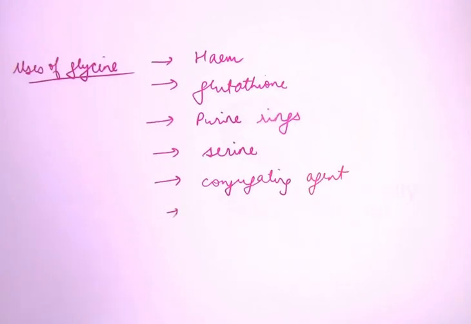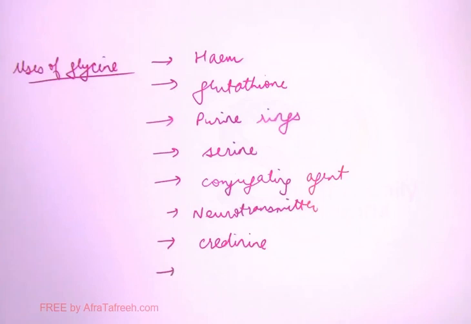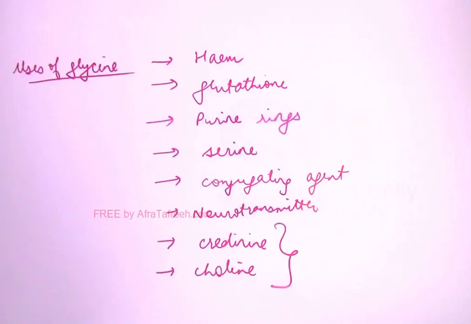I also told you it is a neurotransmitter, excitatory as well as inhibitory. Glycine will also form creatinine, and there's one more role of glycine, that is formation of choline. These two compound syntheses I'm going to take in detail. First I'm going to take the synthesis of creatinine, right?